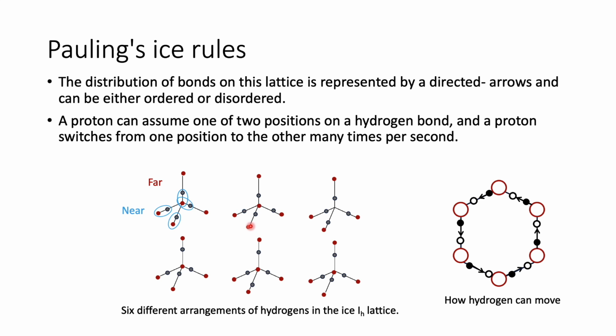In the other way, if you look at 1, 2, 3, 3 hydrogens are kept far away from the terminal oxygens, whereas one hydrogen is kept close to one of the terminal oxygens. So we can say, if we assume it is a tetrahedral structure, of course in a crystal it is a continuous structure, so the positions will keep on changing. These are all the various 6 types of arrangements which can be made according to Pauling's ice rules.